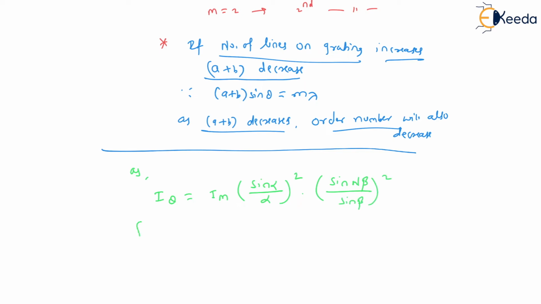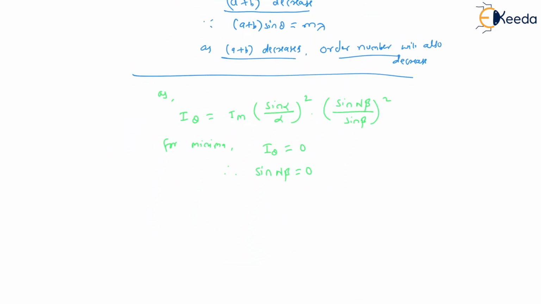Now, for minima, the minimum intensity will be 0. This is possible when the value of sine n beta is equal to 0, then ultimately I theta will be 0. So here I'll write sine n beta will be equal to 0.